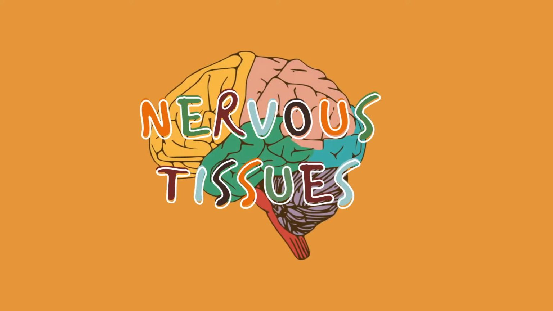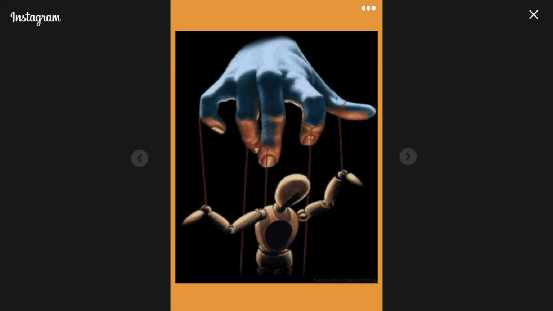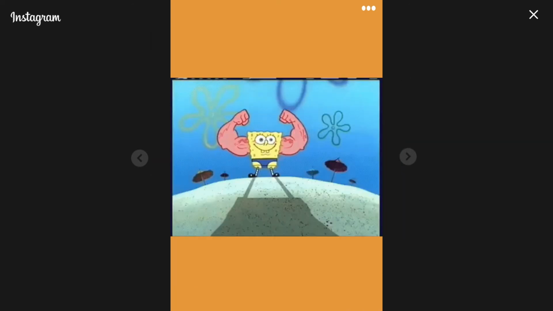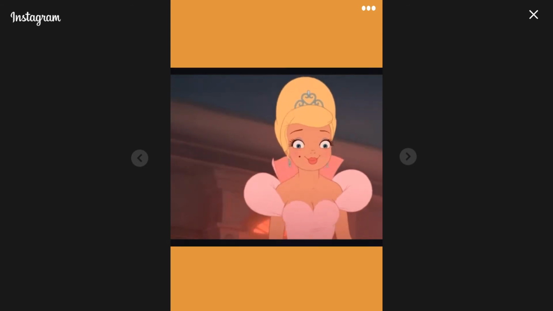The nervous tissues make up the nervous system. It consists of neurons and supporting cells called neuroglia. It is responsible for coordinating and controlling many body activities. It stimulates muscle contraction, creates an awareness of the environment, and plays a major role in emotions, memory, and reasoning.